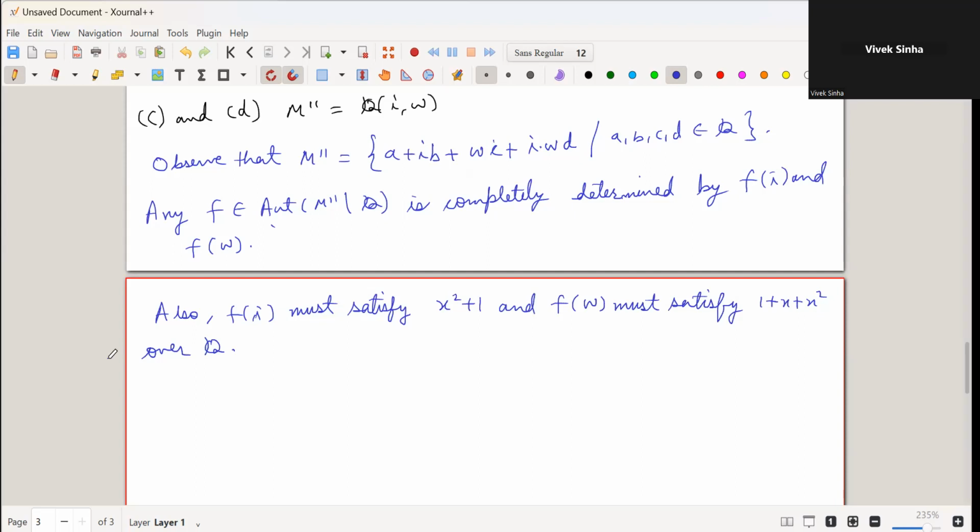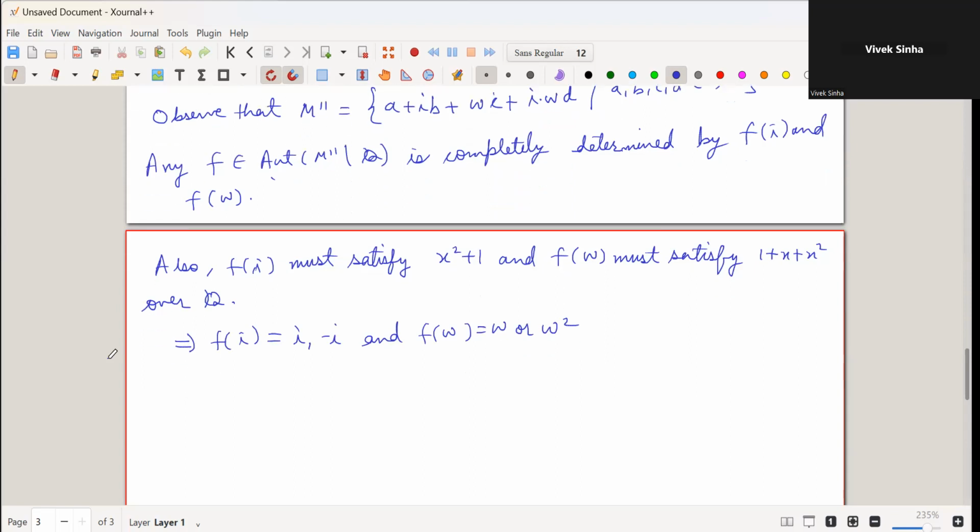So this implies f of i can be either i or minus i because it has roots that, and f of omega can be omega or omega square. The roots of this polynomial are omega and omega square. So how many possibilities do you have? f of i is i or minus i, and f of omega is omega or omega square. Thus, there are four possibilities.